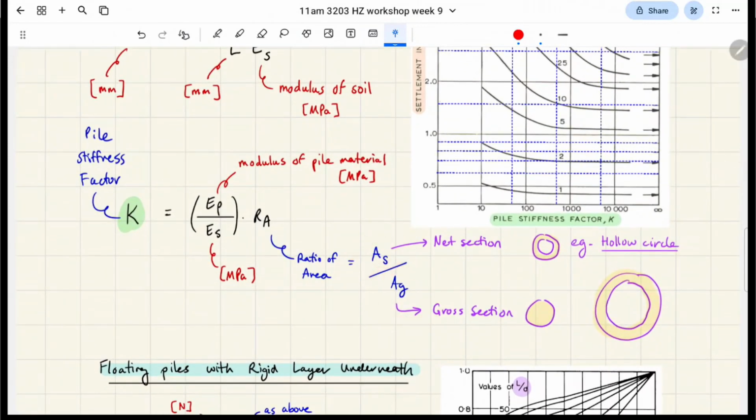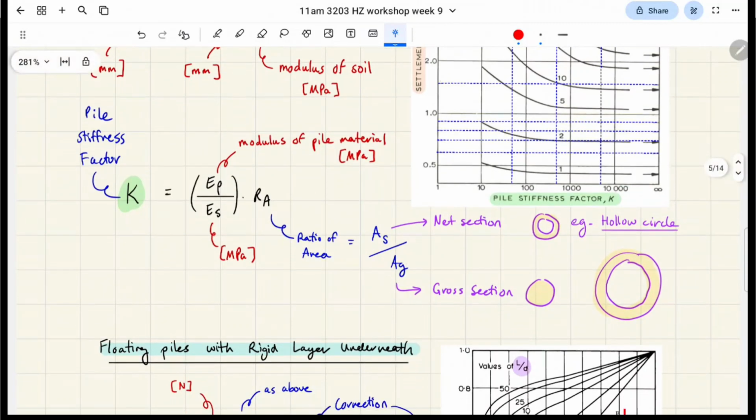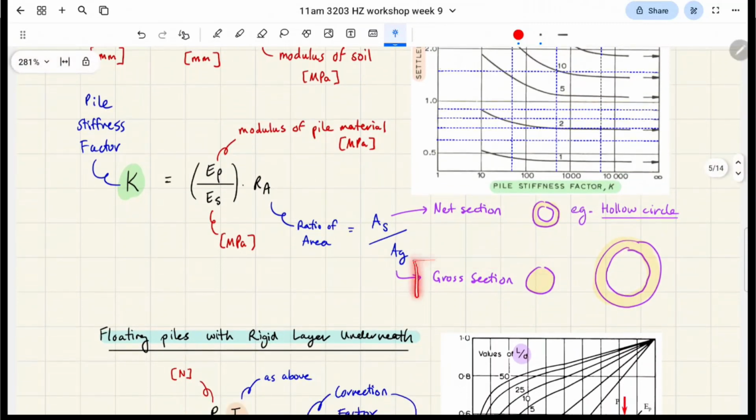These words might be trigger words if you do steels as well, but the idea is that the gross section is the area which is encapsulated by the outer shell of the pile, hollow, okay? So it doesn't matter if it's hollow or not, that's always the gross section. The net section is just the section area, essentially, including if it has holes in it. In other words, including if it's hollow, right? So like a hollow circle, you'd have a different net and gross section area, right?